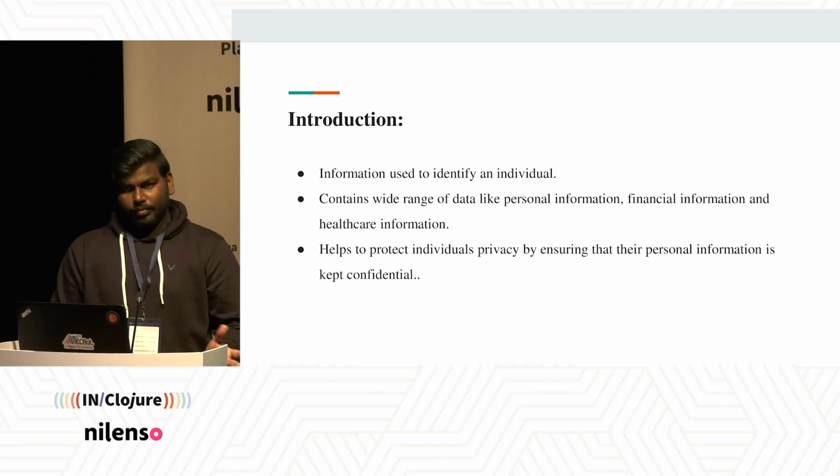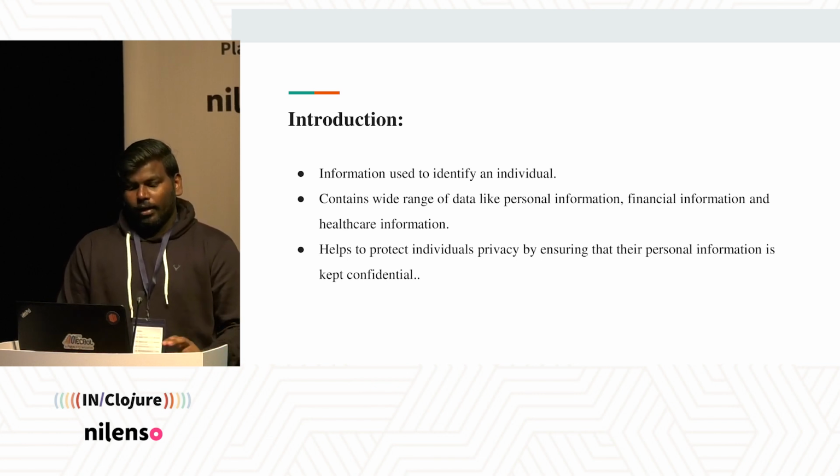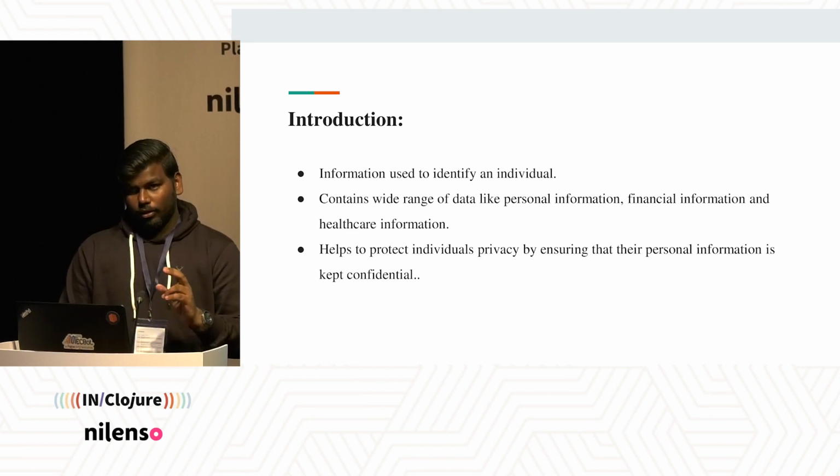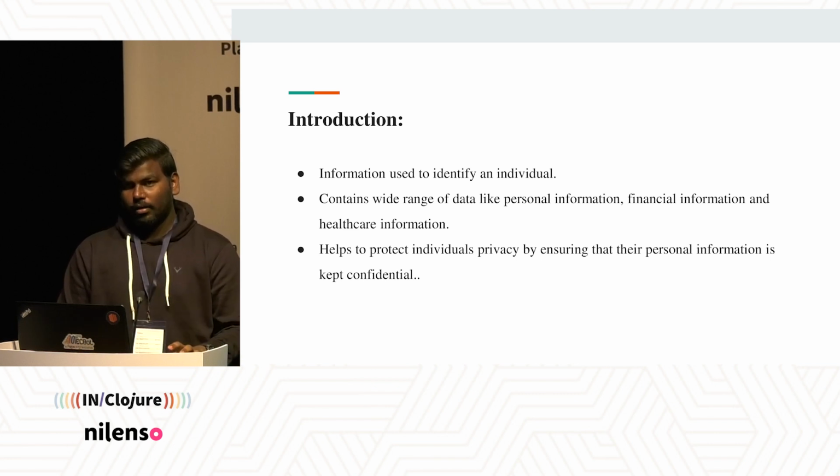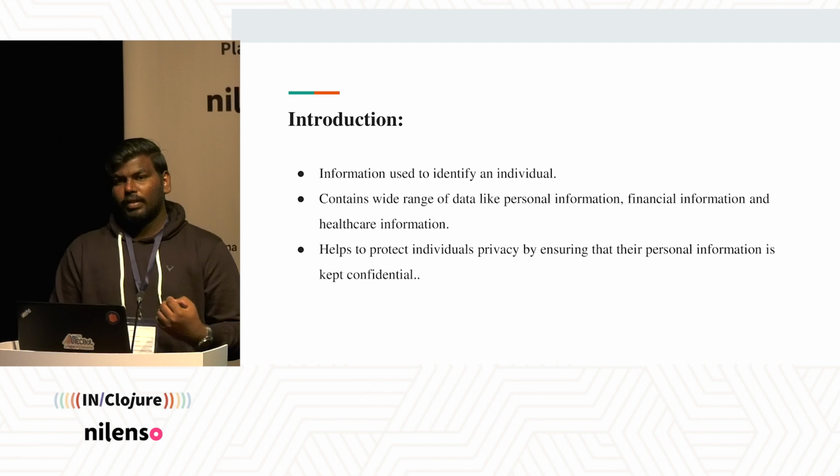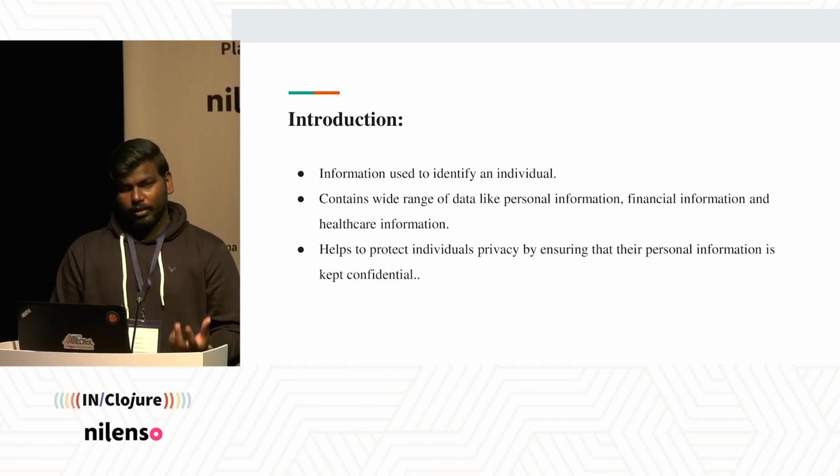Today's presentation is nothing but PII detection. PII is the information used to identify an individual. It can be anything, like our secrets. If we give our secrets to somebody, that can cause some problems to us.